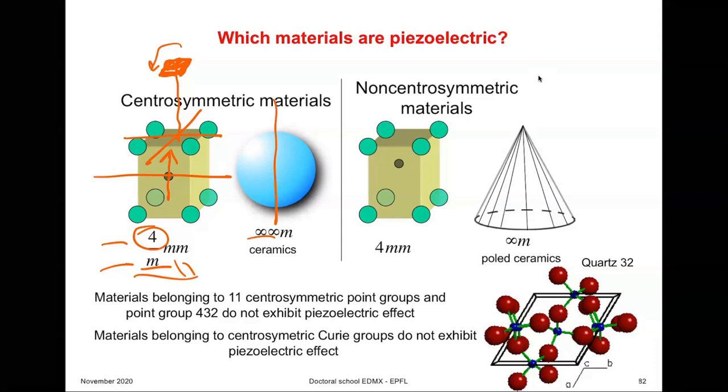So just imagine that I'm applying an electric field here, and this sphere and this electric field together, or polarization together, have the symmetry of a cone. So you still have this infinite symmetry. You still have a mirror plane, infinite symmetry here, but we don't have a mirror plane or infinite symmetry in that direction.